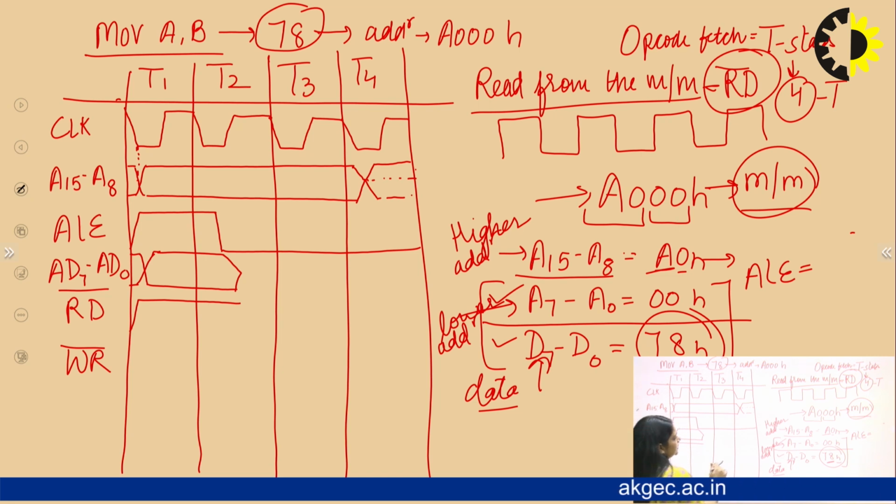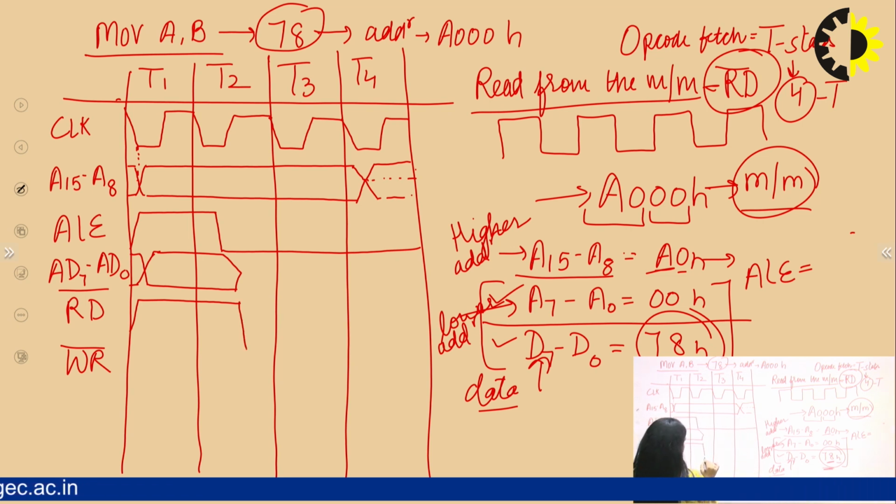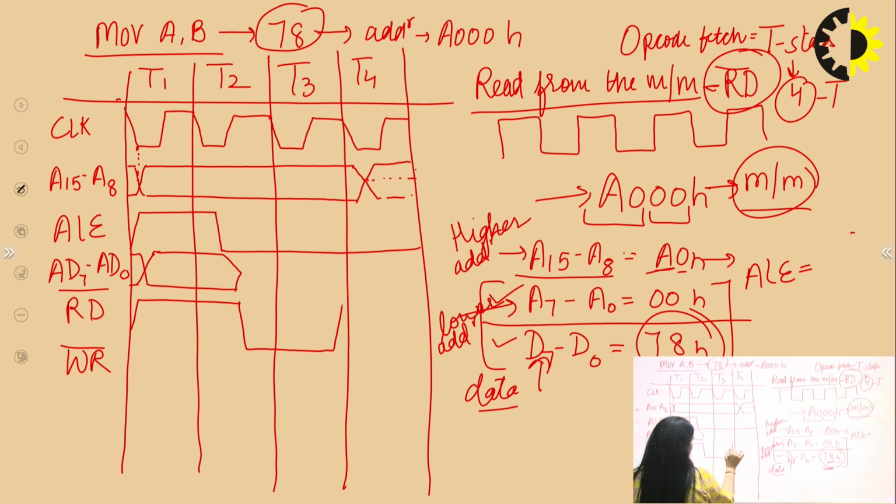But when we are reading the opcode 78, it will go active low for approximately 1 T state, and at this time the lower order address bus will act like a data bus, and here our opcode will be transferred.